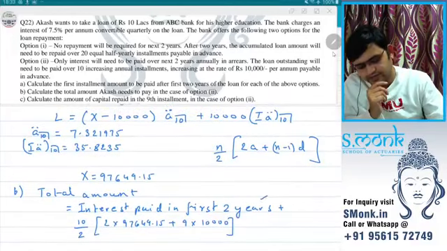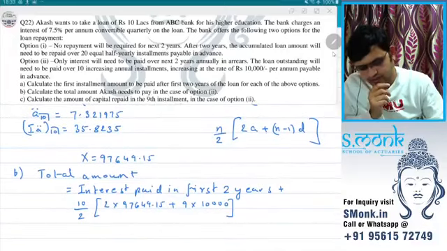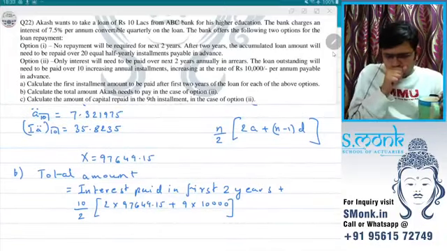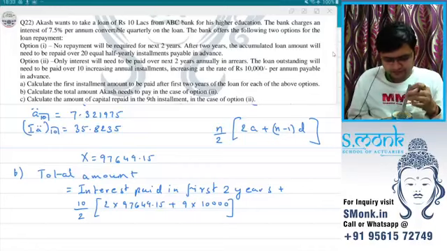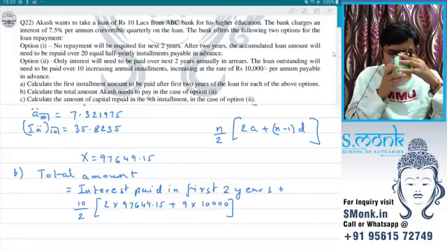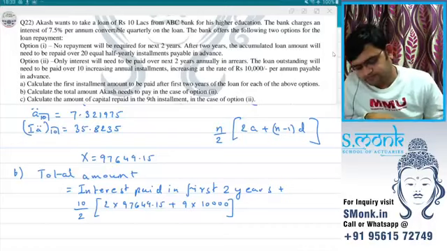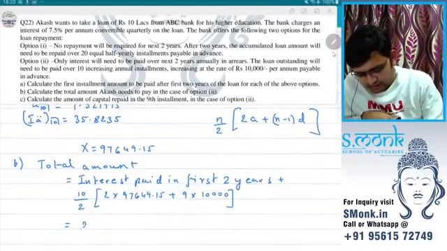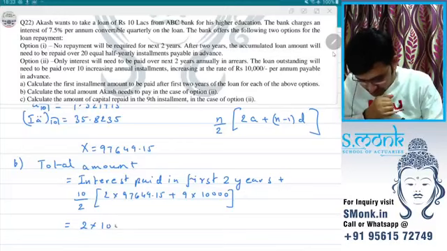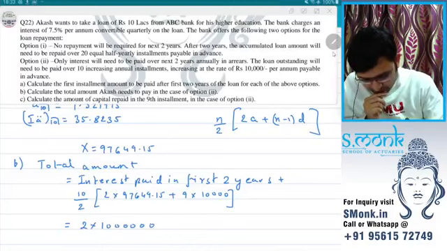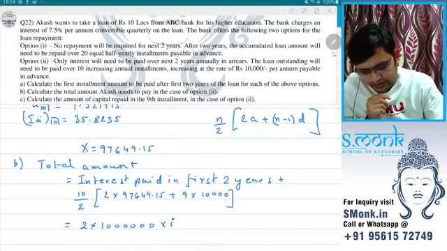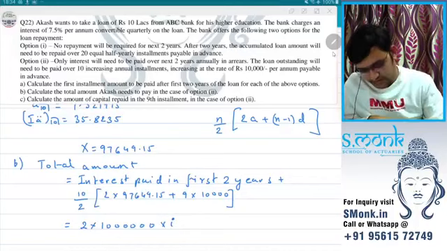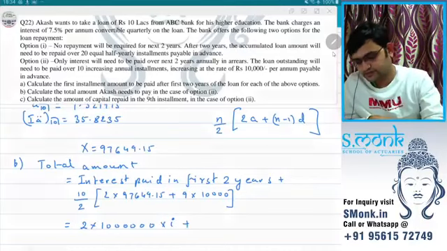What was the interest paid in the first 2 years? Interest paid in the first 2 years would be 2 into 10 lakhs, right? This is 10 lakhs into i. This will be the interest paid plus whatever this might be.